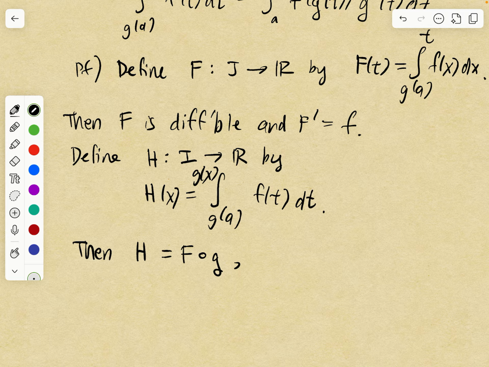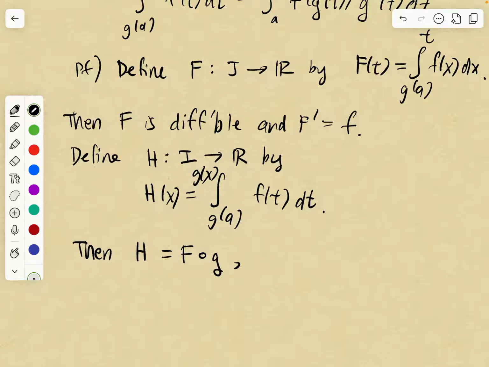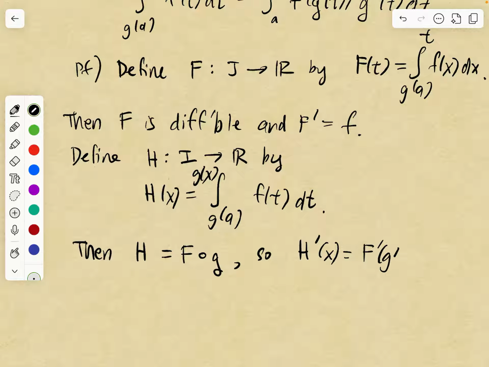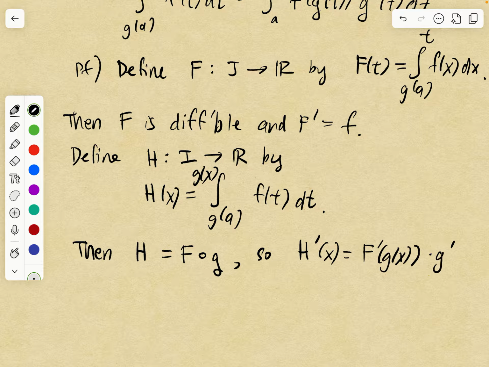So H is the composition of two differentiable functions, and so by the chain rule, it's differentiable. So H prime of x is capital F prime of g of x times g prime of x for all x in the open interval I.